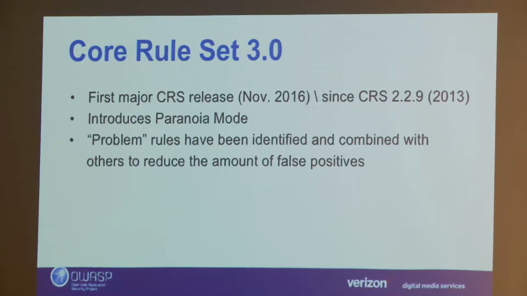If you have any issues with using CRS 3.0, you can open a GitHub issue, and we will take a look at it. We, meaning Robert, who helped me with these slides, is part of the team, and the goal is to have false positive free at paranoia level 1.